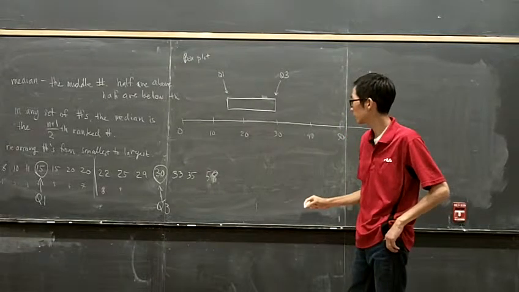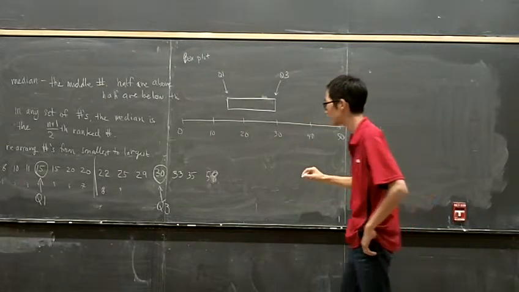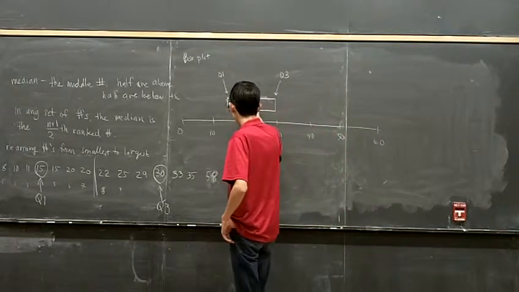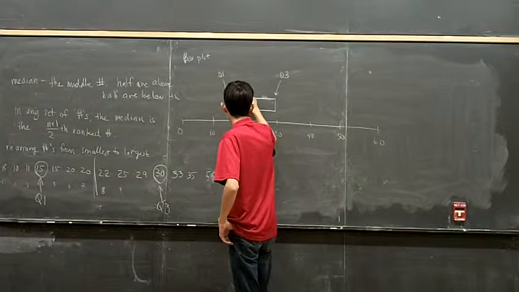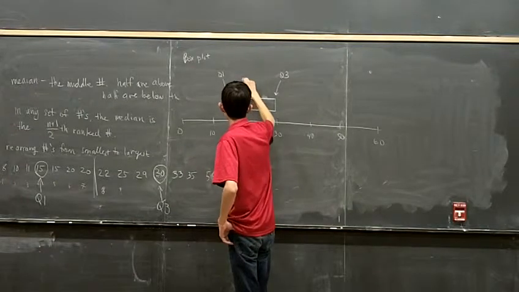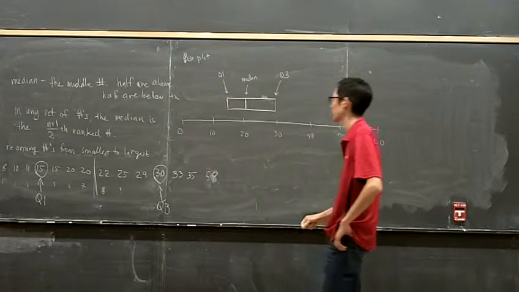I draw a line down the middle of the box at the median. My median was 21, so I draw a line right here, and this is my median. That forms our box.